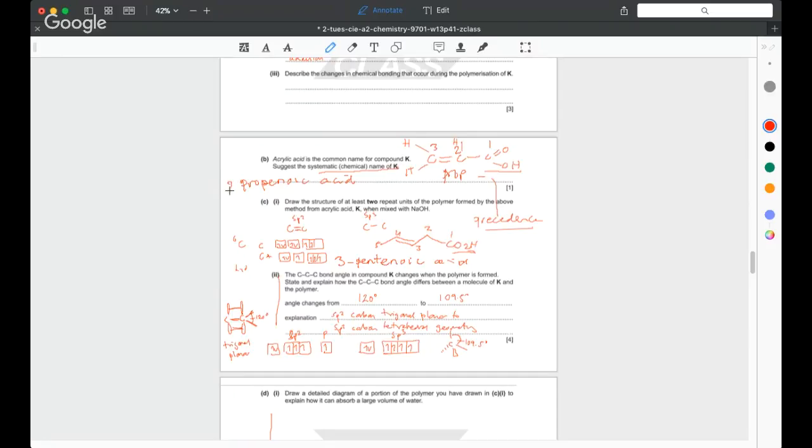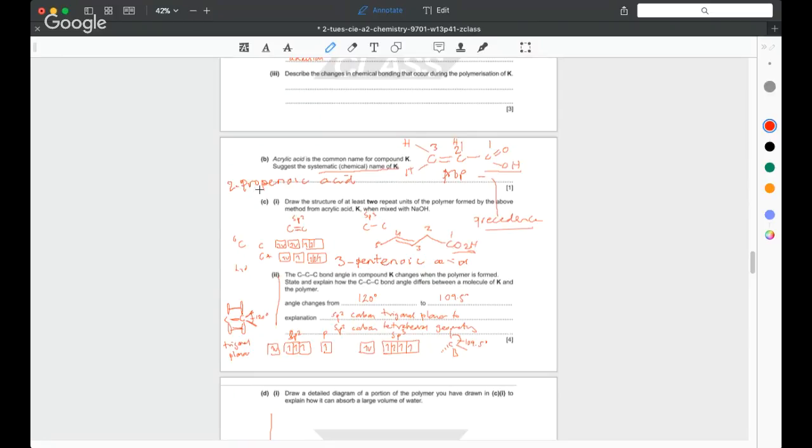Now, the ene part, the alkene part there, is at carbon number 2, so you could call that 2-propenoic acid. But actually, when you look at the mark scheme, they don't include the 2 because there's no ambiguity about where the alkene functional group is. Here, there could be some ambiguity, so you correctly write 3-pentenoic acid.